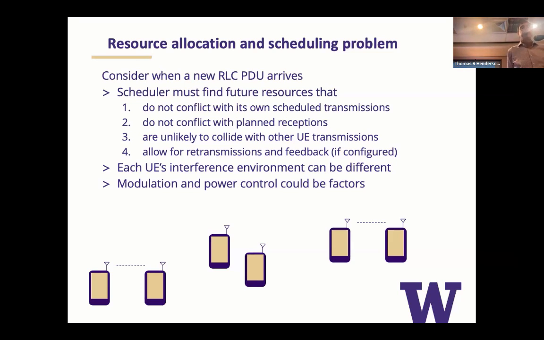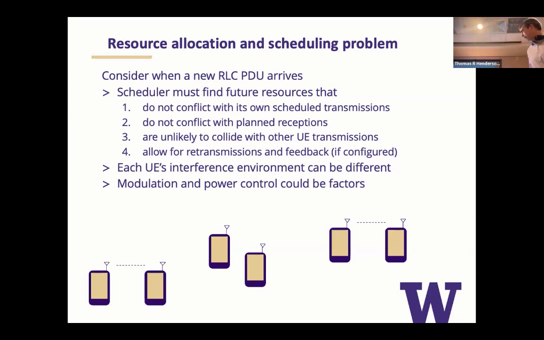Additionally, each UE's interference environment can be different. In this small diagram at the bottom, consider that all of these UEs exist in the same network. It could be the case that these two UEs are far enough from these two UEs that simultaneous communications could occur in the same resources.